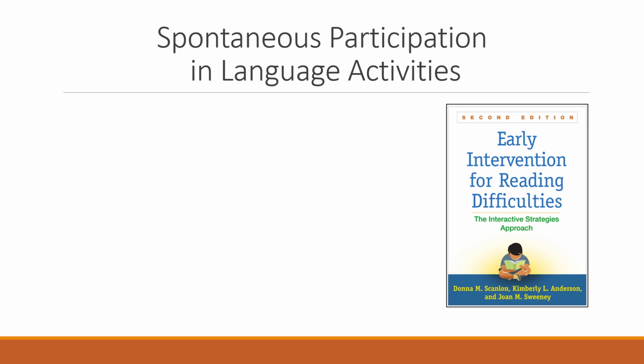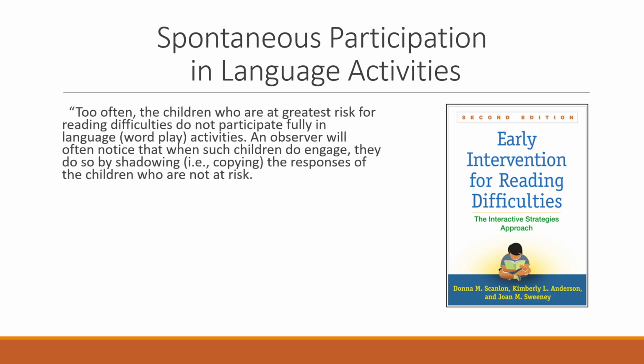In 2017, Donna Scanlon and her colleagues published their second edition of the book, Early Intervention for Reading Difficulties, the Interactive Strategies Approach. They wrote, "Too often, the children who are at greatest risk for reading difficulties do not participate fully in language activities. An observer will often notice that when such children do engage, they do so by shadowing or copying the responses of the children who are not at risk.